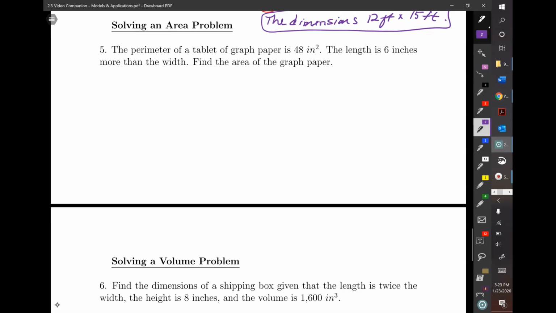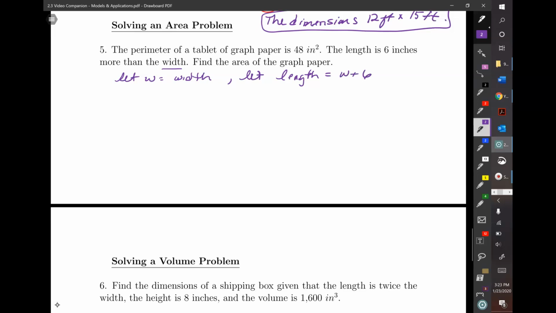Usually just whatever one you know least about is the one that you call X, or in this case we can just call it W. So I'm going to let W equal width and then relate the length to it, and let the length equal W plus 6.